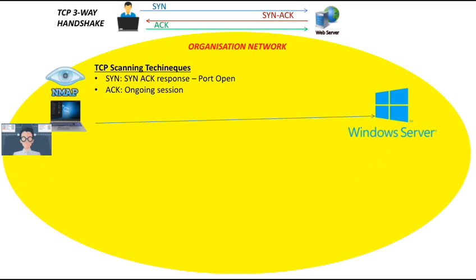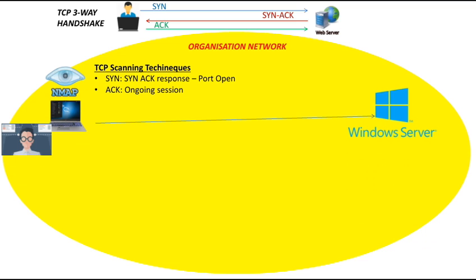The second technique is the ACK scanning, and in this process the penetration tester would craft a TCP segment with the ACK flag set. It means that he wants to pretend that this TCP traffic is part of an ongoing session.